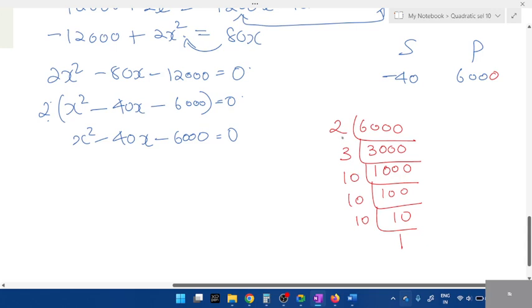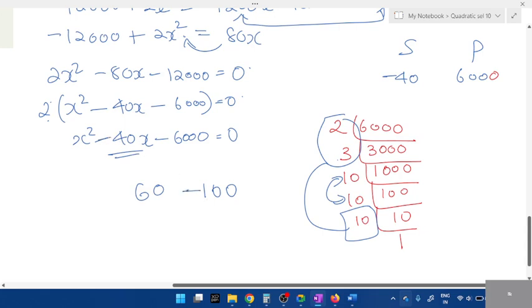Now, if you have to group this, group in such a way, you get 40 when you split. So what I'll do is, I'll take these two. How much is 10 into 10? 100. This is one pair. I'll take this and this. If you multiply, what do you get? 60. What's the sign before 40? Minus. Put that for 100.